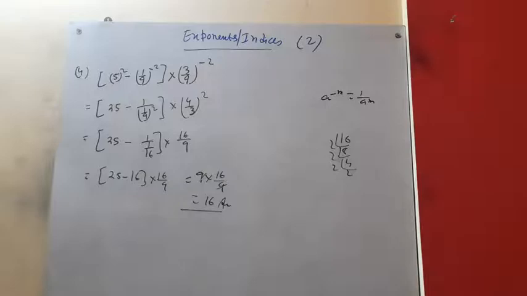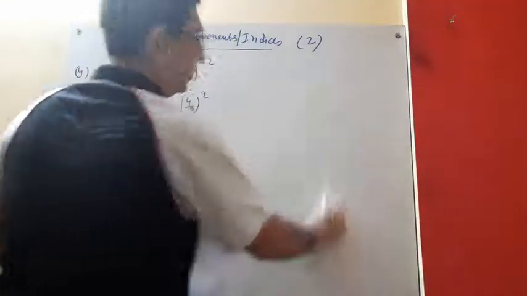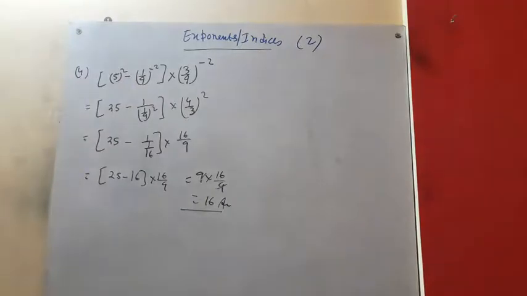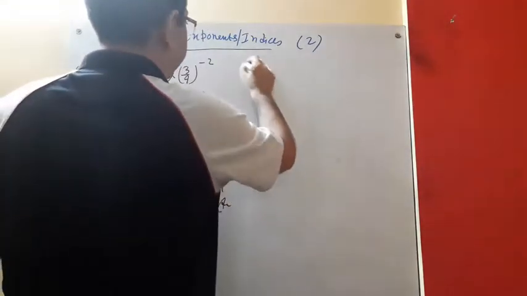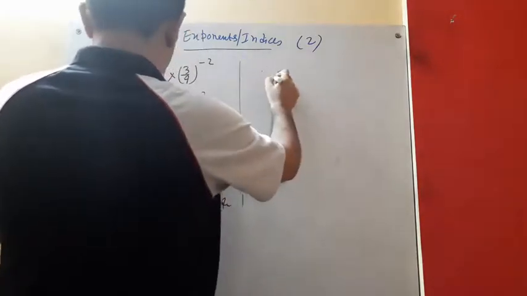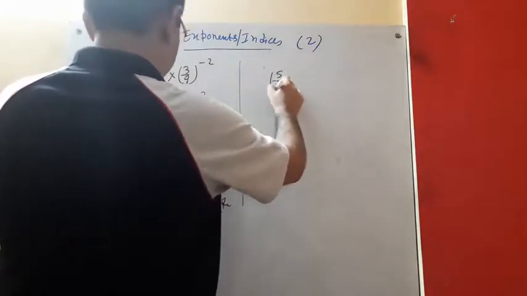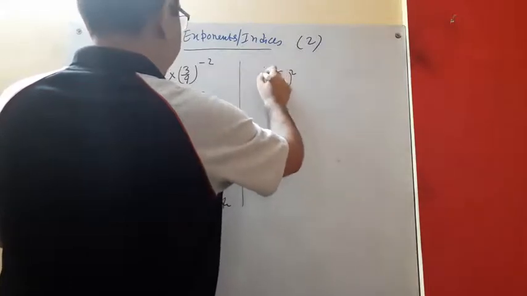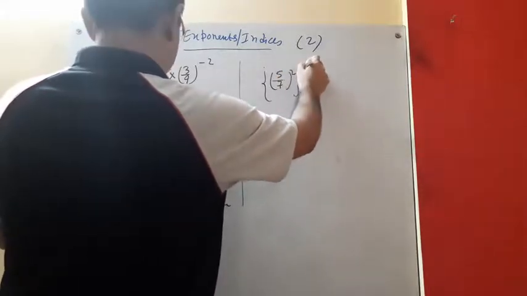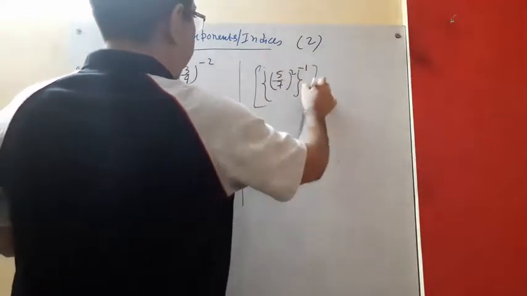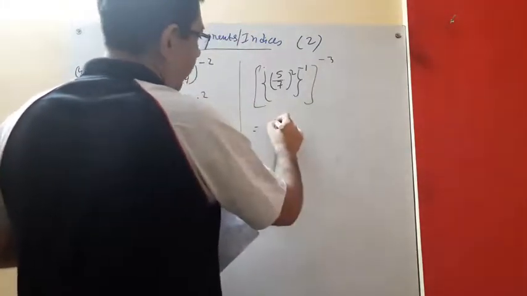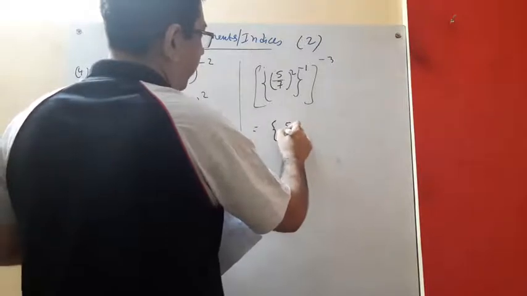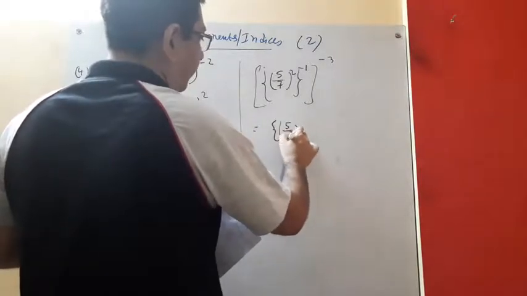Next one is 5 by 7 whole square to the power minus 1 to the power minus 3. What will I do? Look here, what we are doing? 5 by 7 whole square, right?